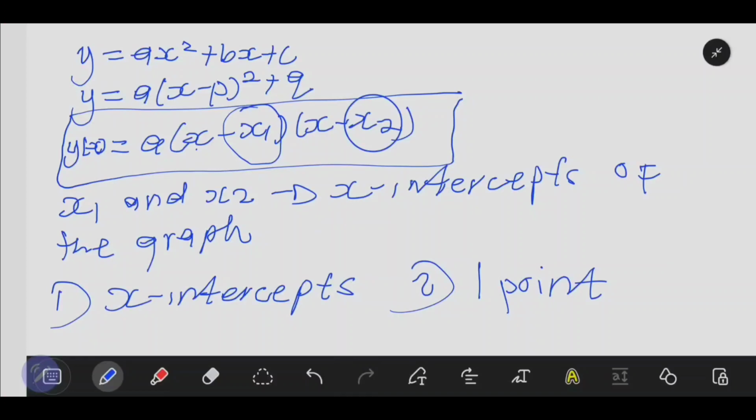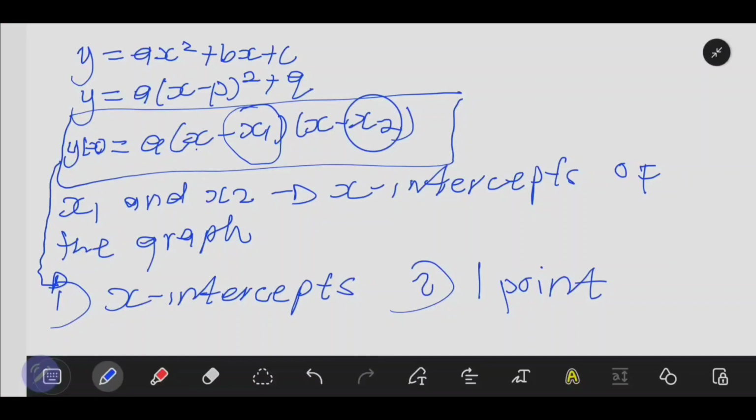If you are given two x-intercepts and any point on the graph, it means you'll be given three points on the graph. The two points are the x-intercepts, and the other point is a point on the graph, whether it's a y-intercept or just any other point. Then you can use this formula in order to determine the equation of your parabola.